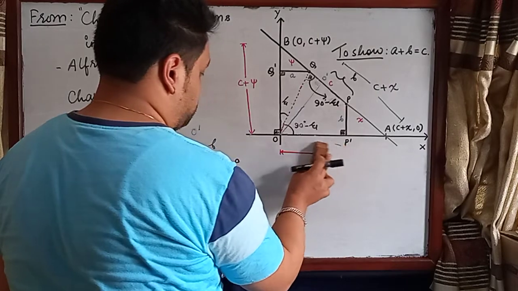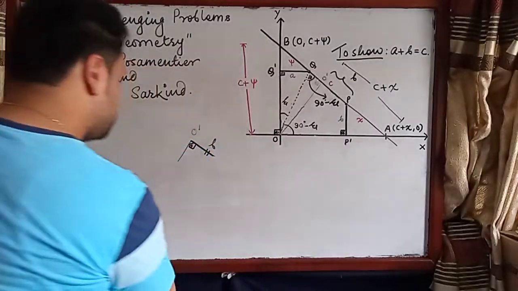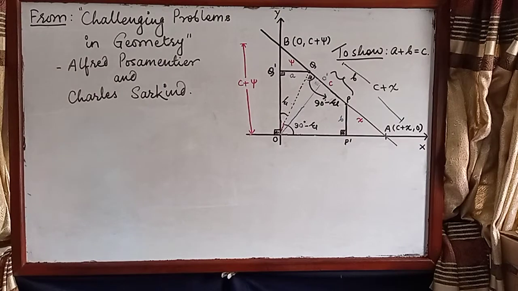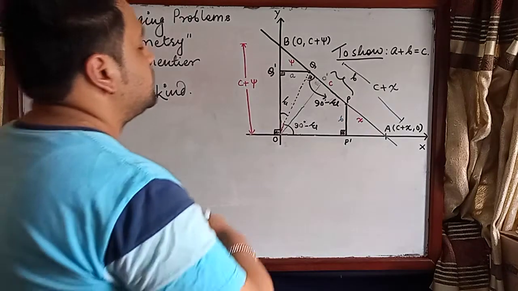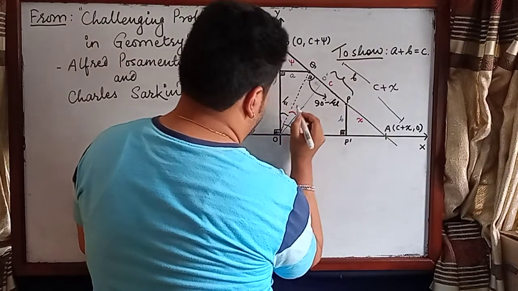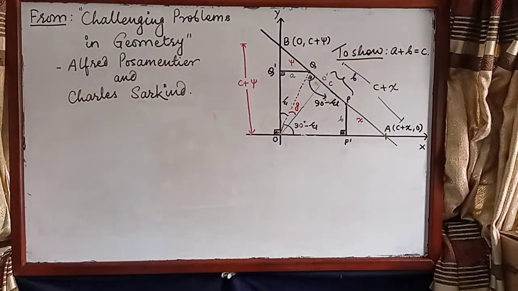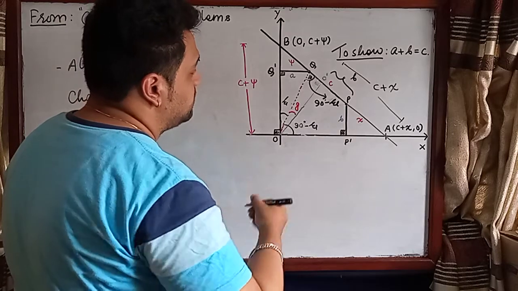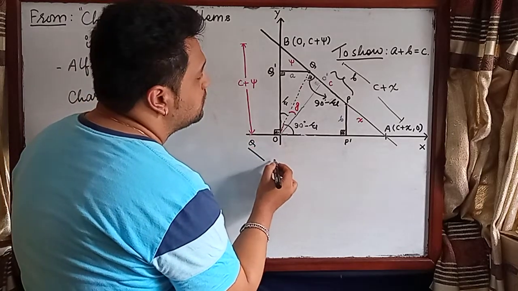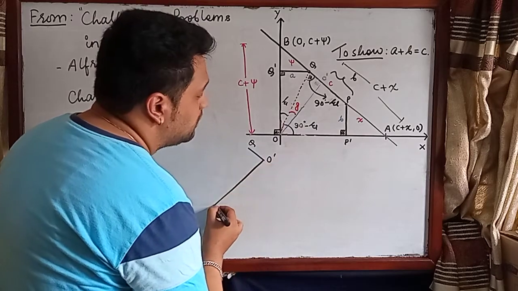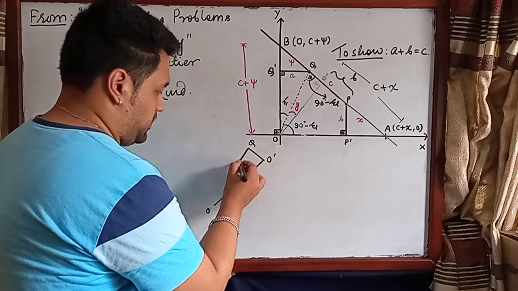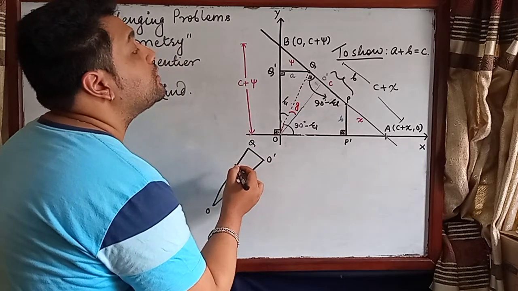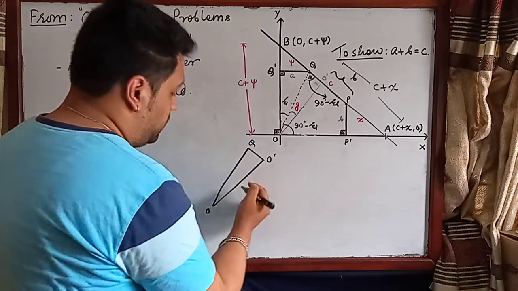Now let me say that this angle is G. Then we have this triangle Q, O dash, and O, and here we have OQ.